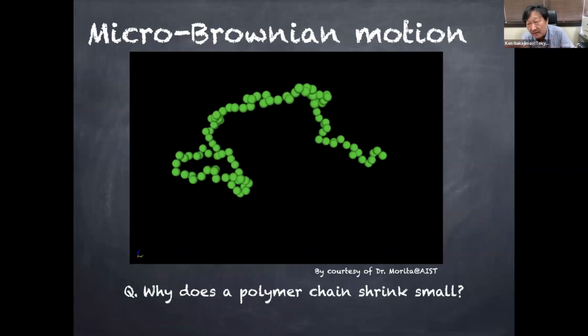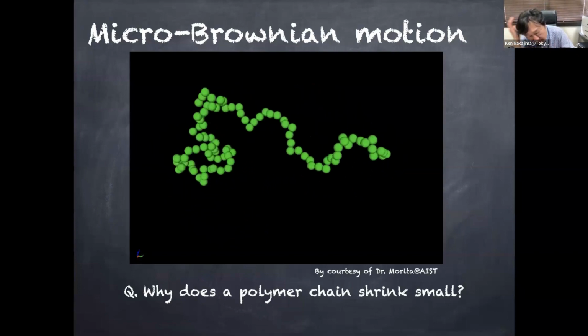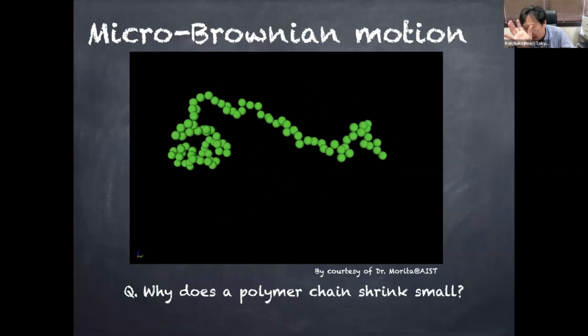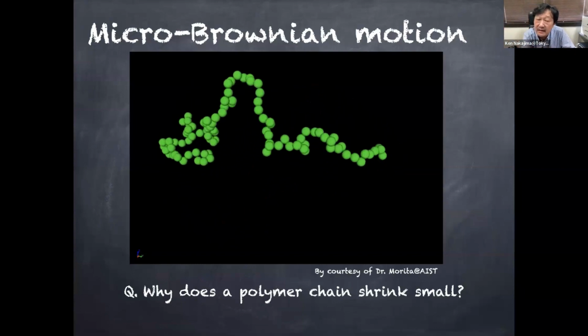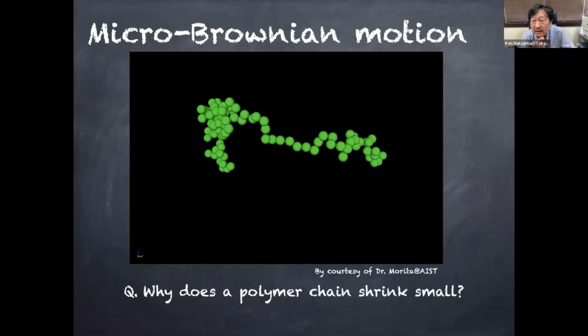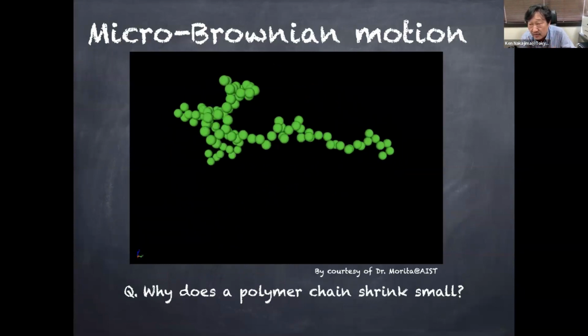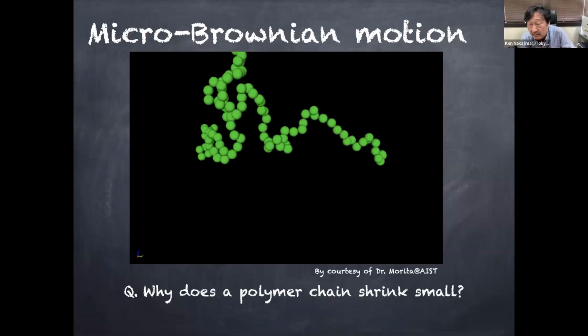When we write the chemical structure of a polymer chain, we cannot believe the polymer chain is moving like this, but in reality, the polymer chain is moving very rapidly, like this case, because this is a room temperature measurement.